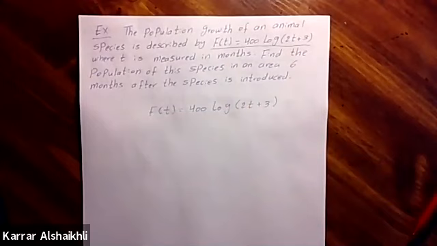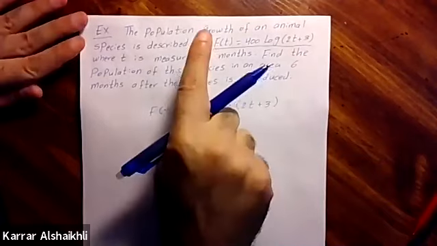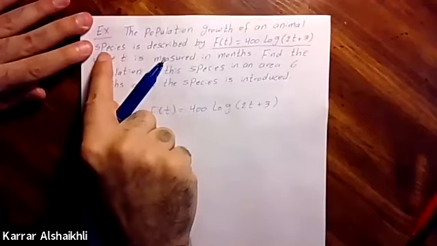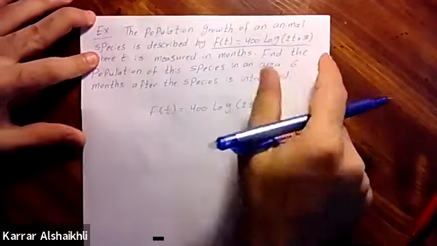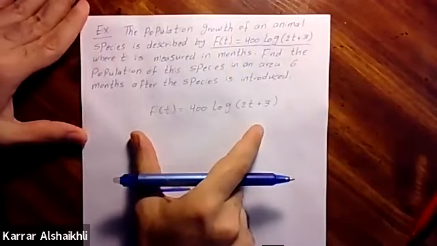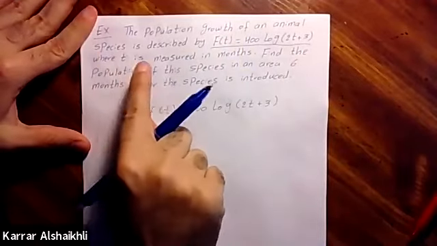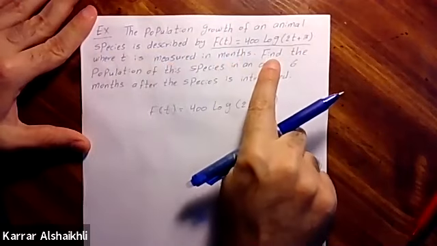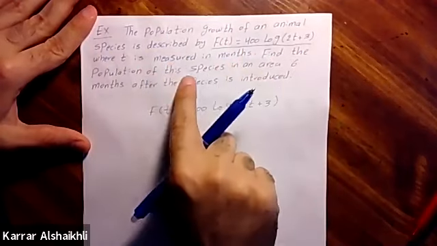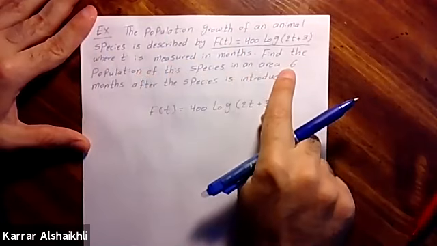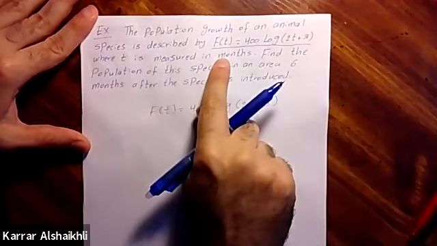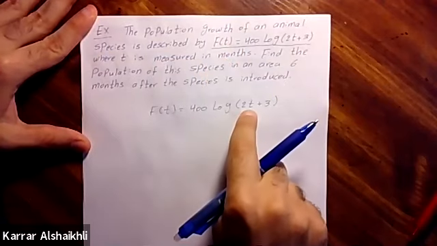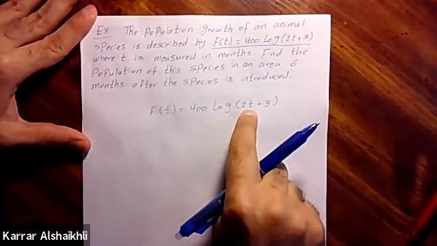This is the first step. When you see examples like this, they're telling you the population growth of an animal species is described by this formula. I'm going to take the formula here. This is the first step. Where t is measured in months, find the population of this species in the area at 6 months. They're telling you t is measured in months. That means this t is the month.